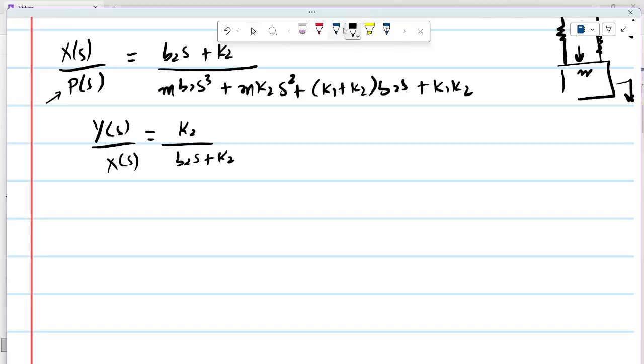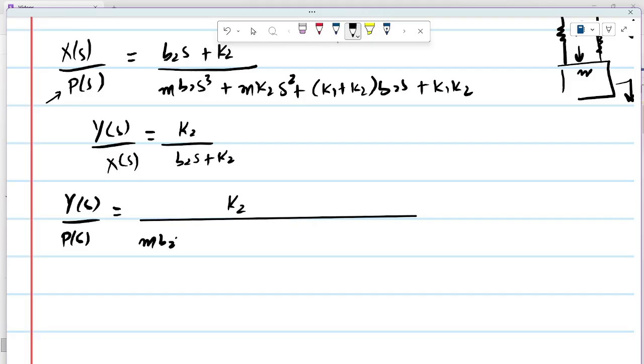And then you can substitute that one into the other equation. But anyhow, the final form would be Y of s divided by P of s equals k2 whole divided by m b s cube plus m k2 s square plus (k1 plus k2) b s plus k1 k2.